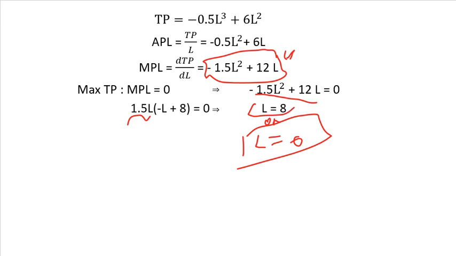So the optimal labor that helps to achieve the maximum total product will be 8 workers. And we can find this total product by replacing L equals 8 in the function.